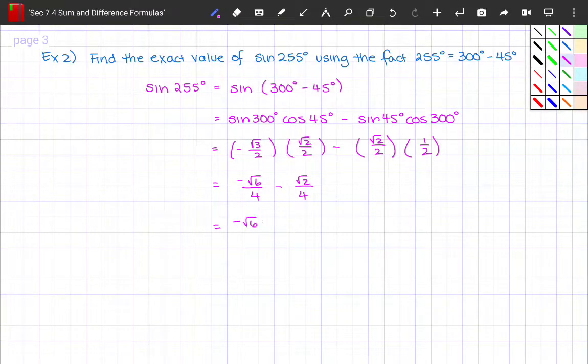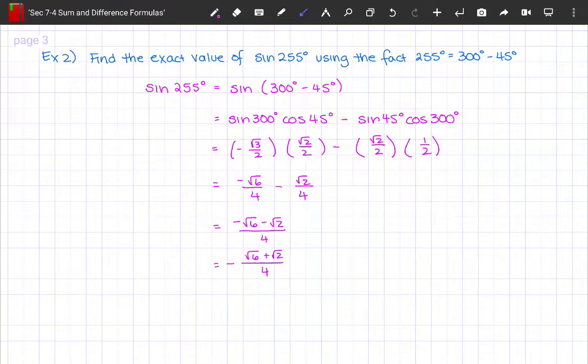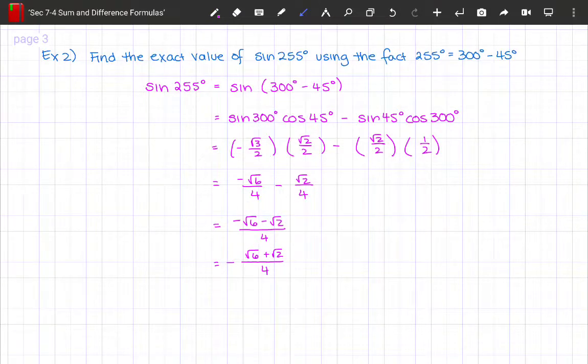And so we could write our answer like this, or we could factor out the negative and just put it in front and make the entire fraction positive. Now be careful if you're going to write it like this, because that negative must be clearly in front of the fraction bar, showing that the whole fraction is negative.